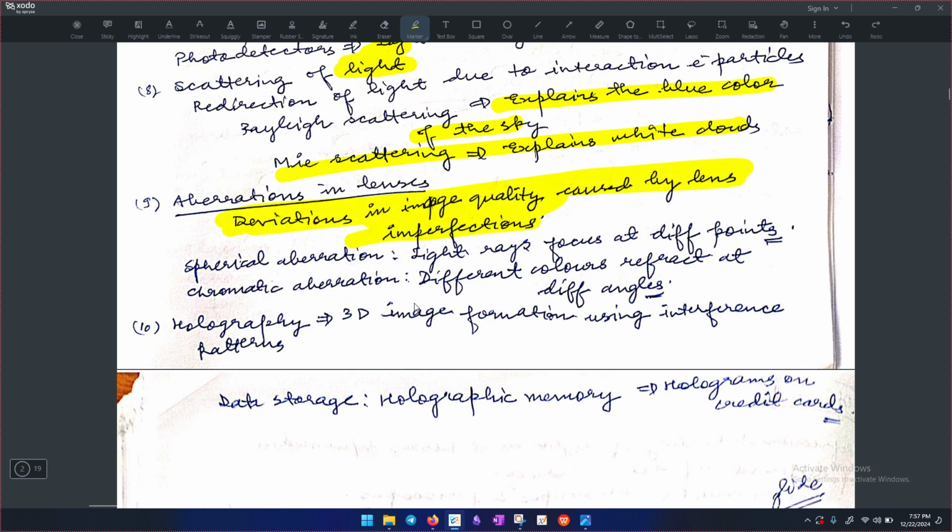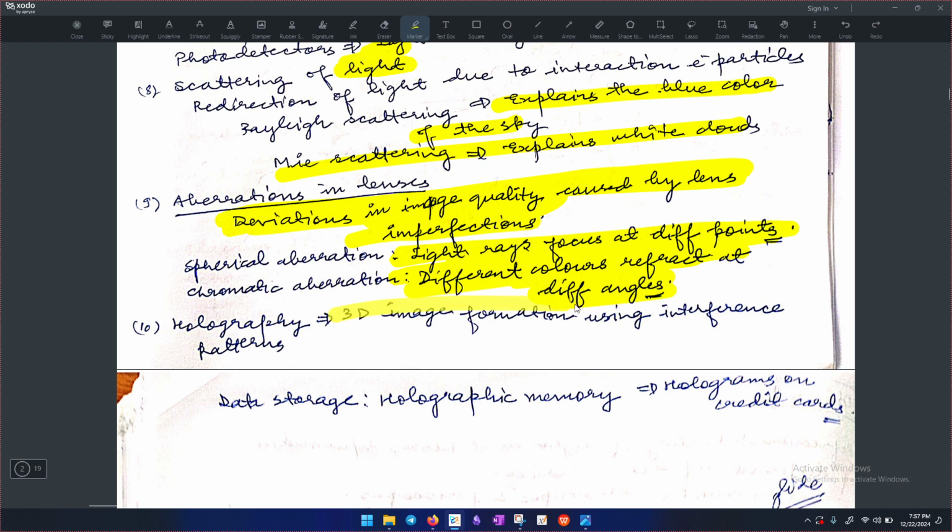Spherical aberration is light rays focusing at different points, and chromatic aberration is light colors refracting at different angles.